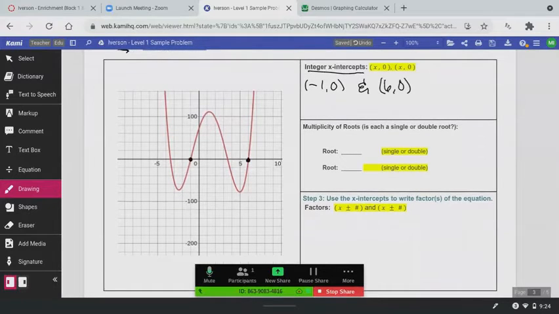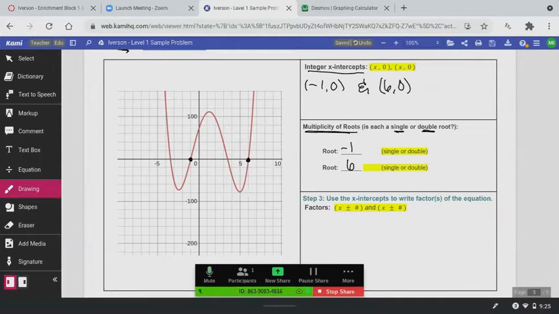The next thing I want to find is the multiplicity of my roots. So I want to determine if they're single or double roots. If you'll remember, a single root crosses through my graph, whereas a double root has a turning point or sort of bounces off my x-axis. So when I'm looking at my roots, I'm looking at my root at -1 and my root at +6.